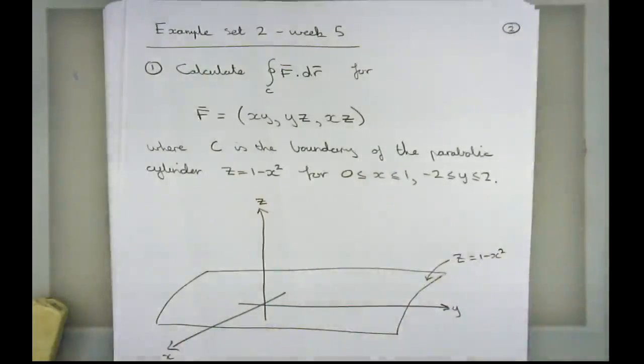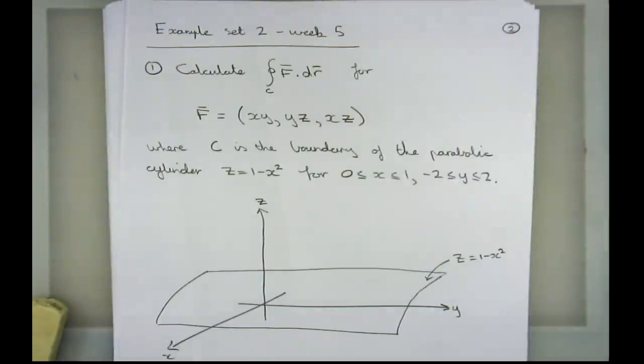Because z is 1 minus x squared, it's a parabola in the xz plane. Since there's no y bit, it's like a parabolic cylinder that just keeps going. And I only want a piece of it. So I've got y going from -2 to 2, though I haven't drawn this to scale, and x going from 0 to 1. Remember, x is meant to be coming out of the page.